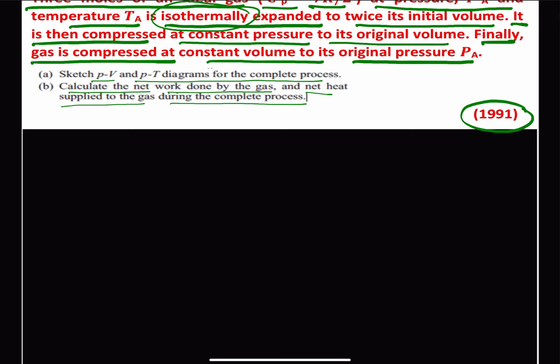So we are having our y-axis, this is our pressure, and x-axis is our temperature, and we start from a point. Let us suppose that a point is our A, and A is having pressure as Pa, volume as Va, and temperature as Ta.